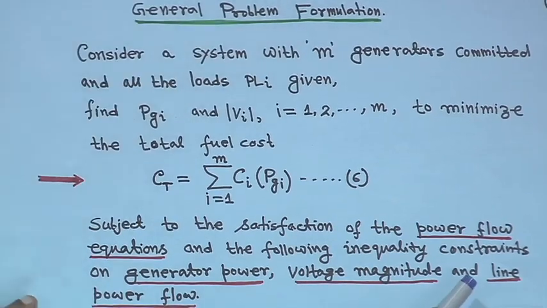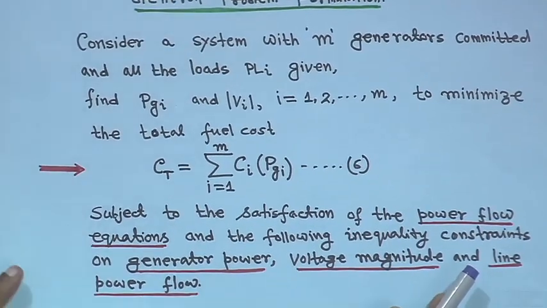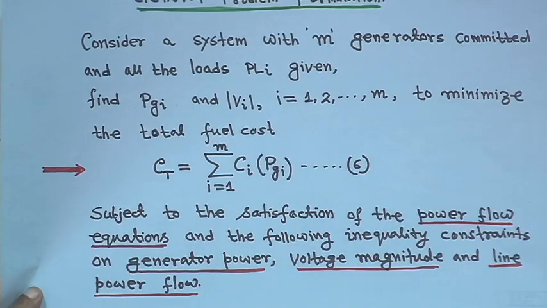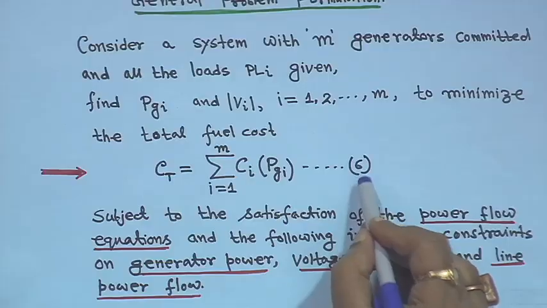Every transmission line conductor has its maximum power carrying capability or maximum current carrying capability, which is called the thermal limit. So you have to put a bar, that means a limit has to be put. You cannot do whatever you want, so many constraints are there. This is equation 6.